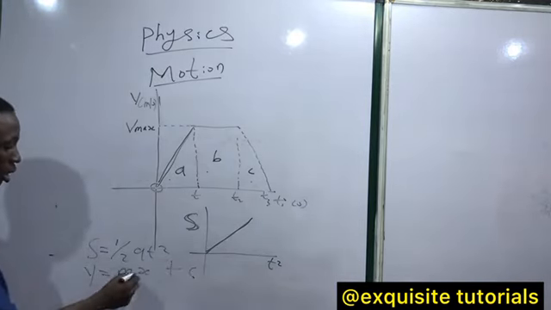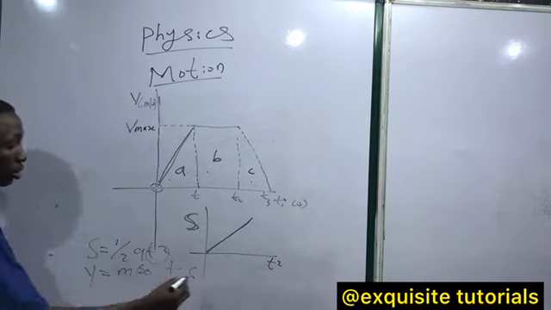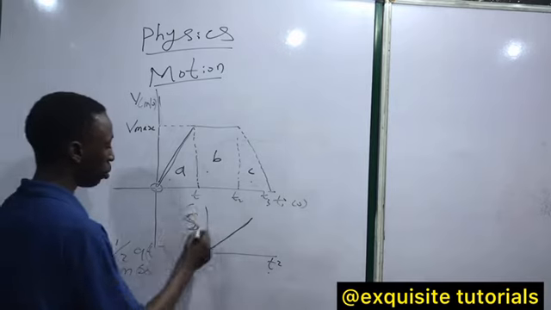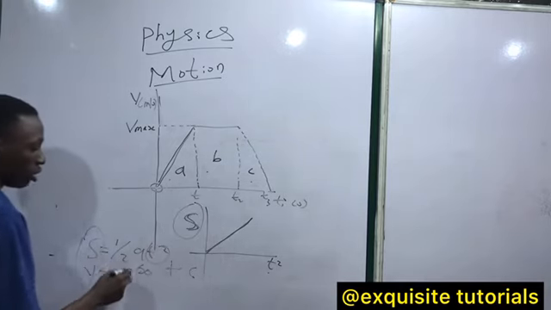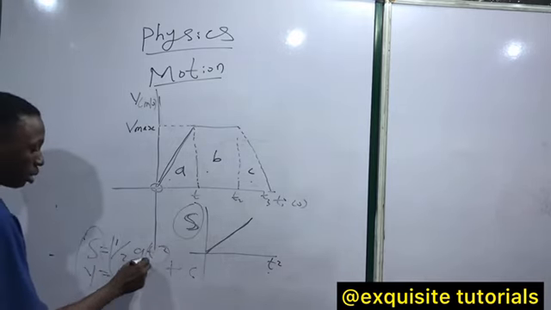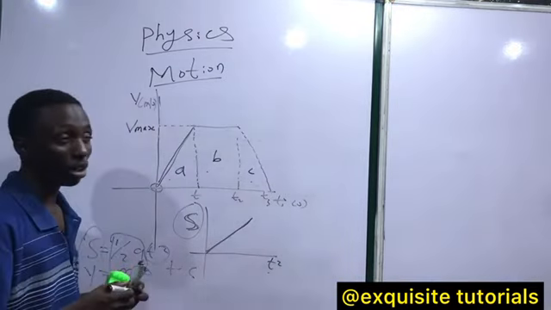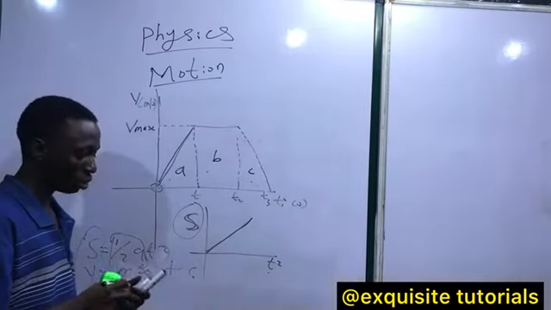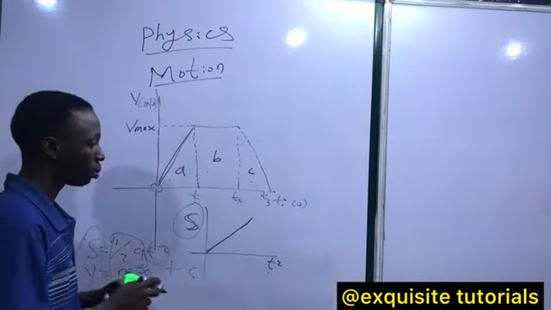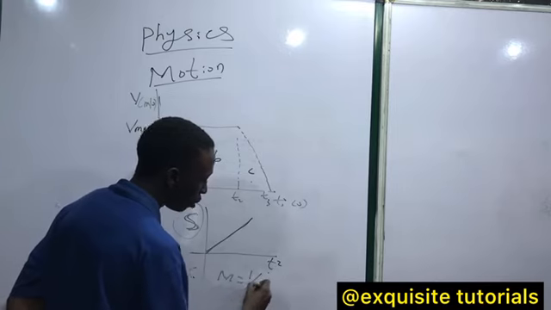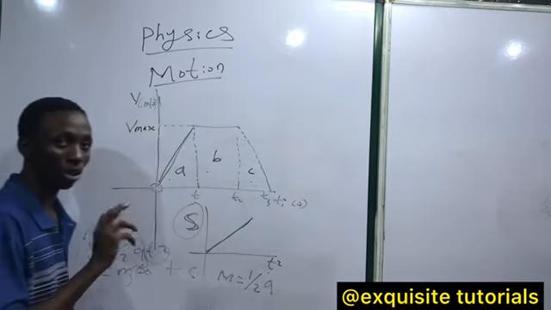Now, x is the t squared because it's on the x-axis, y is the s because it's on the vertical axis. So our slope will be equal to half the acceleration. So the value of the slope will be equal to half the acceleration. So that will just be it.